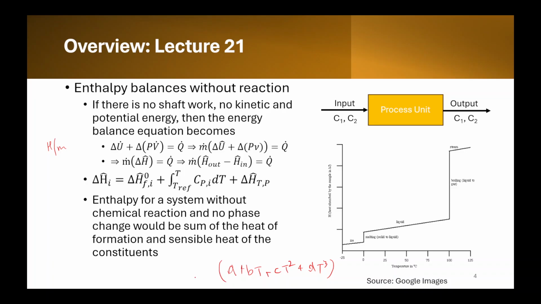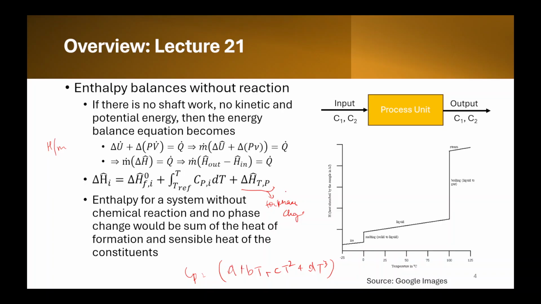So this is some Cp given to you, and it is not constant for the given temperature range. So you basically integrate it so as to get the sensible heat. And if there is some phase change, this is that term for phase change.